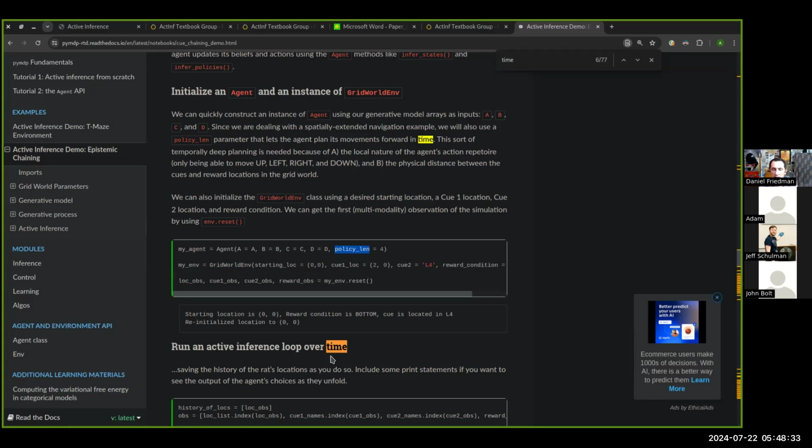Each policy is given a value, and that ranks the policies. Then you could choose the most rewarding, most valuable policy, or you could probabilistically select from policies according to their expected value. In active inference, there's no proposal of this auxiliary reward function.